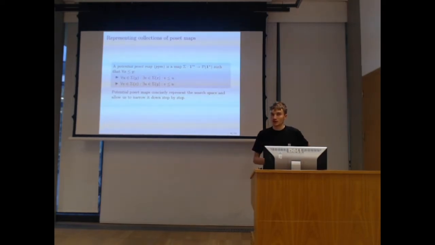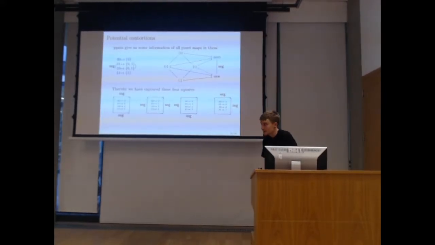So this can be already used to, if we know something about the boundary of a goal, to narrow down the search space significantly. So this is what we'll see in a bit. So for instance, if we look at our interval higher inductive type, which had these two constructors 0 and 1 and the one path sec, then a potential poset map, for instance, could send 0, 0 to 0, 1, 1 to 1, and for 0, 1 and 1, 0 we haven't decided yet.